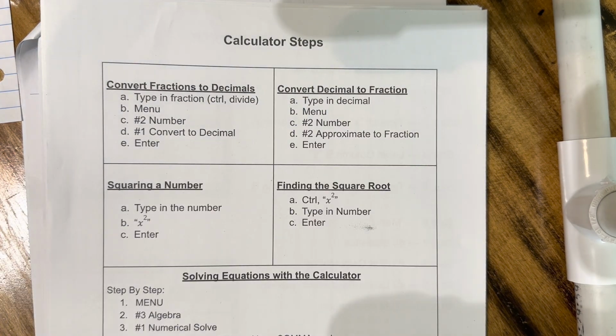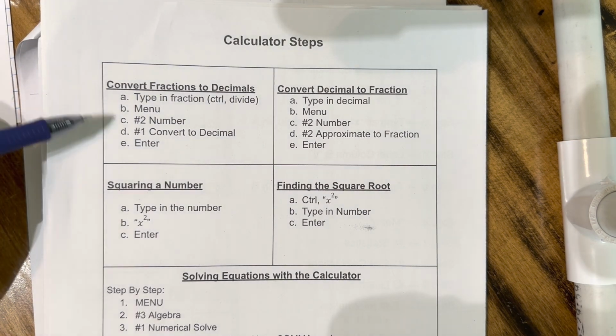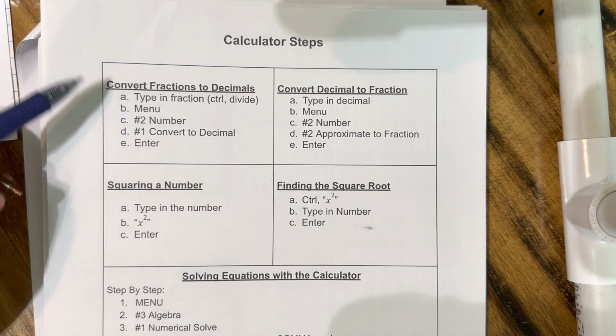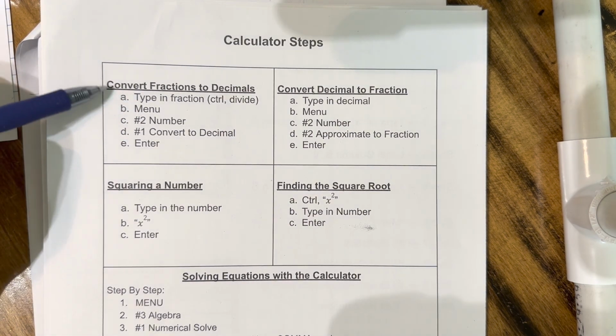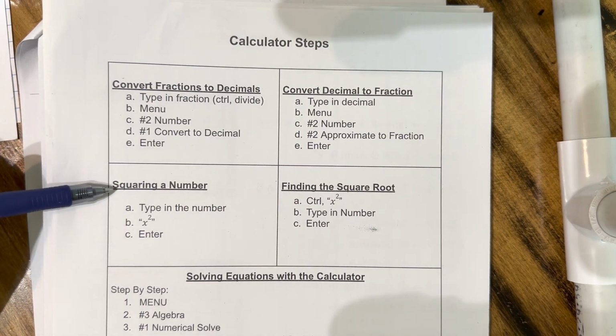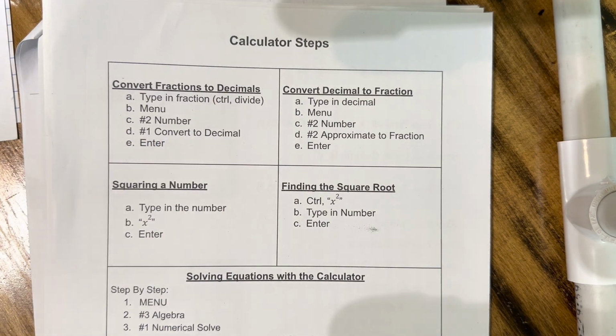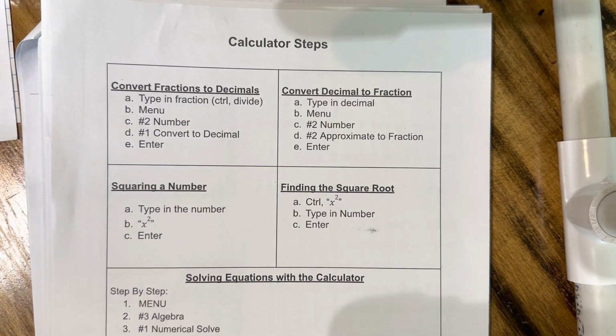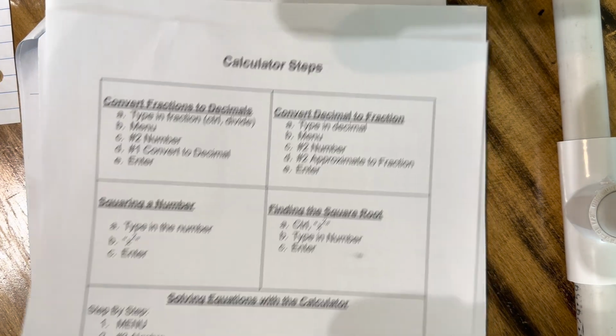Then you also have calculator steps, and one of the most important things in this topic is how to convert numbers to decimal form. So definitely this first section, converting fractions to decimals, but also squaring a number might be a possibility for converting to decimal, and finding the square root. So these 3 steps will be helpful for you in this topic.